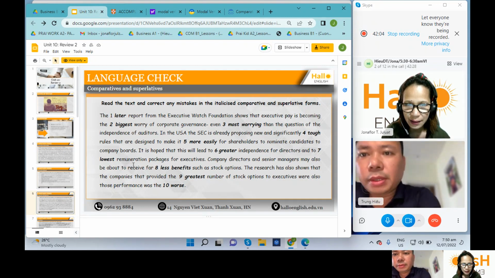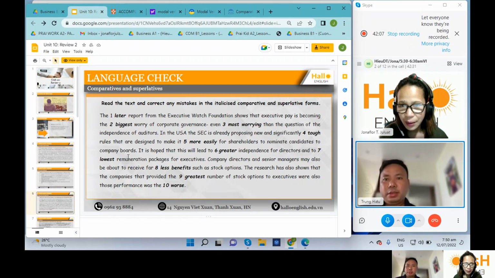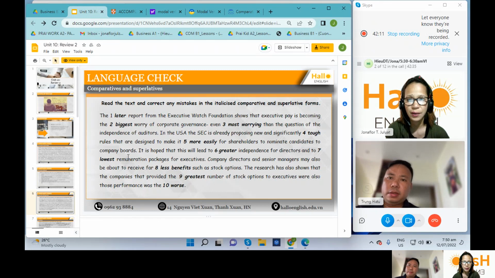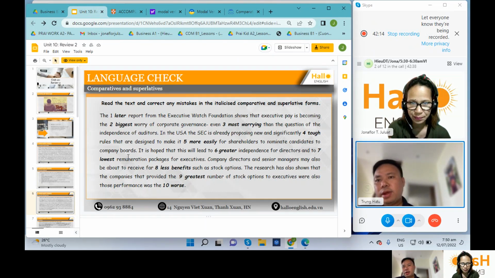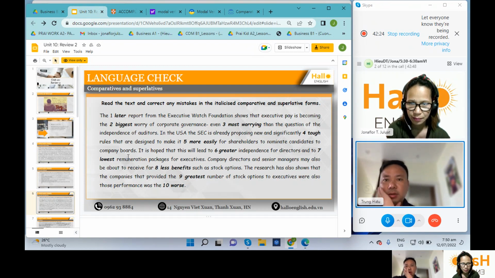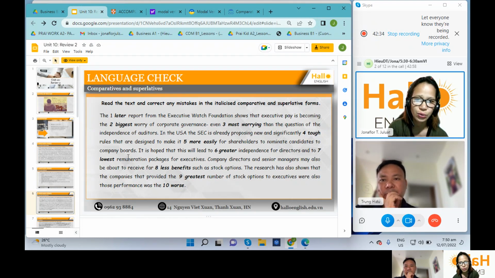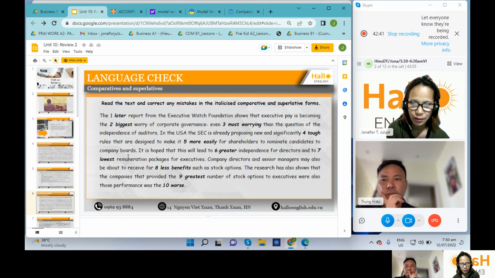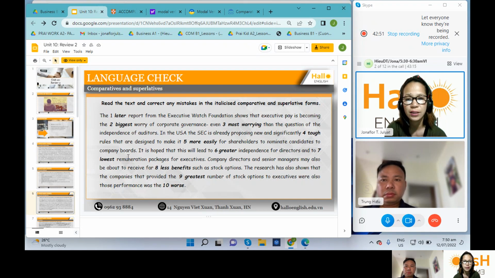Yes. Okay. Now, number 6. It is hope that this will lead to greater independence for directors and to lower remuneration packages for executives.